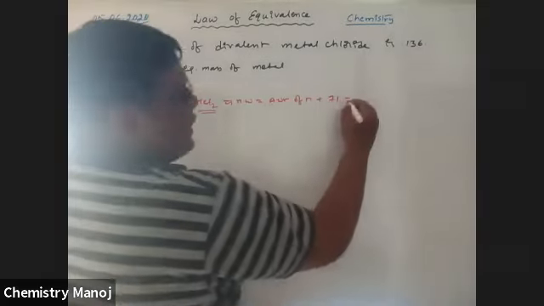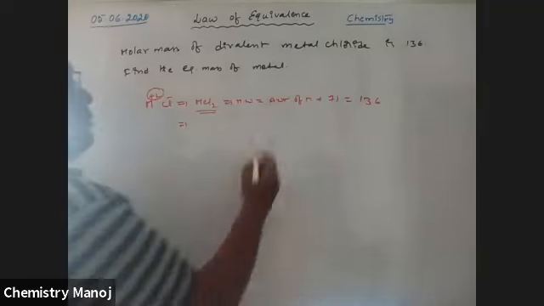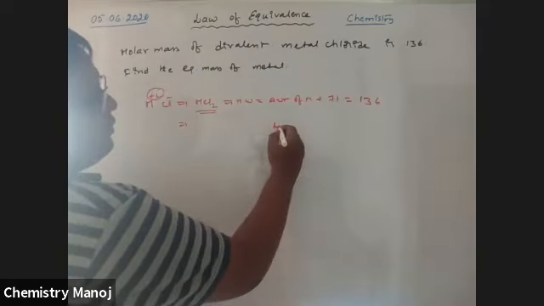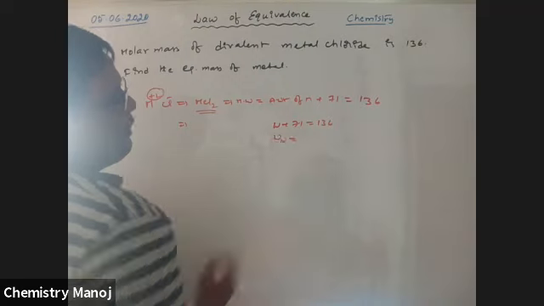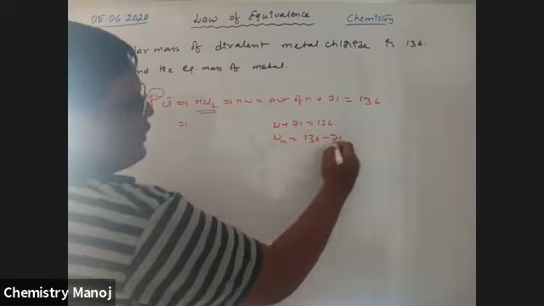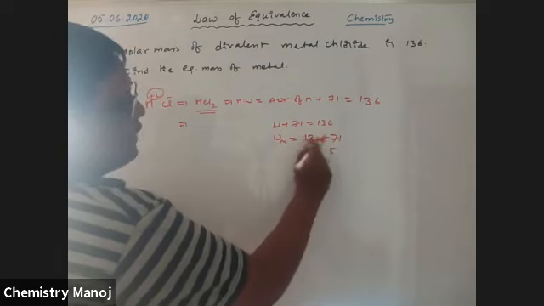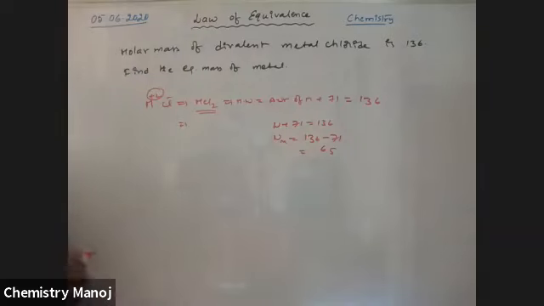This value is given as 136. So weight of metal plus 71 is equal to 136. Weight of metal is equal to 136 minus 71, which is 65.